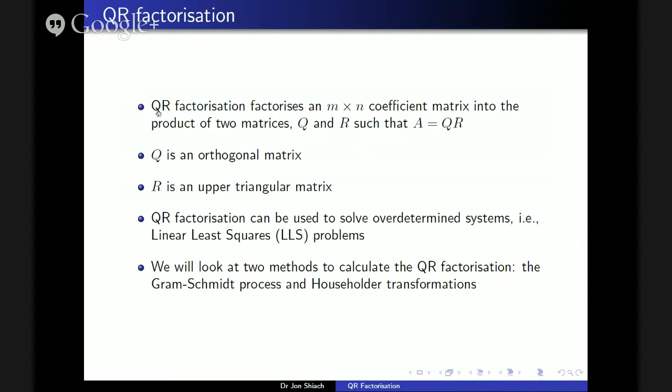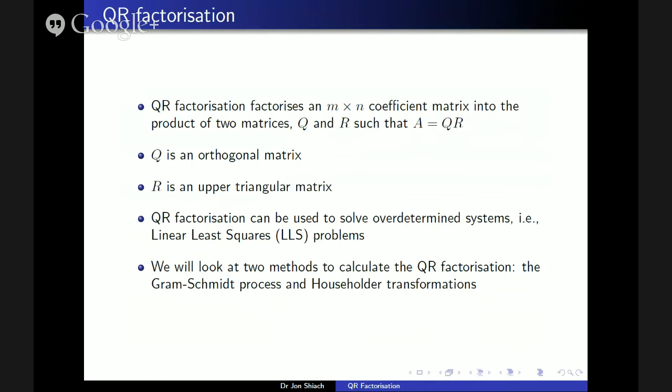QR factorization factorizes an m by n coefficient matrix, so it doesn't have to be square. Usually m is greater than n, because we've got an overdetermined system, into the product of two matrices, Q and R. Q is our orthogonal matrix, so every column is a vector which is orthogonal to every other column. R is an upper triangular matrix.